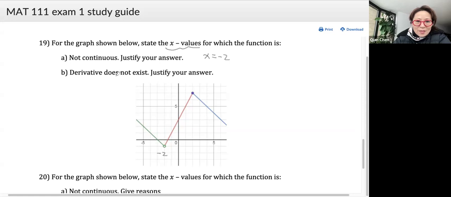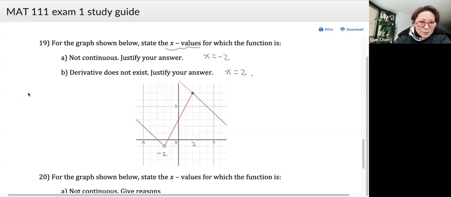B, derivative does not exist. Remember the sharp point. What's the value of x? 2. So at x equals +2, the derivative doesn't exist. Remember what the derivative is? Derivative is the slope of the tangent line. So one way, at this point, we could draw the slope this way, because both are straight lines.